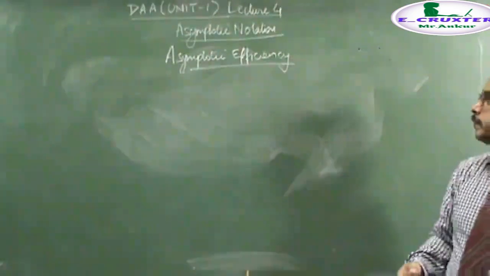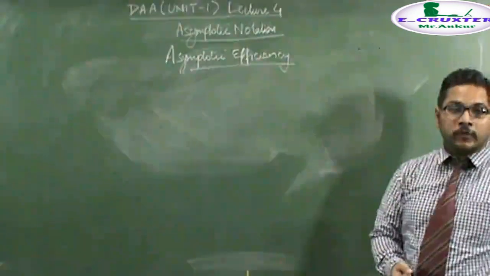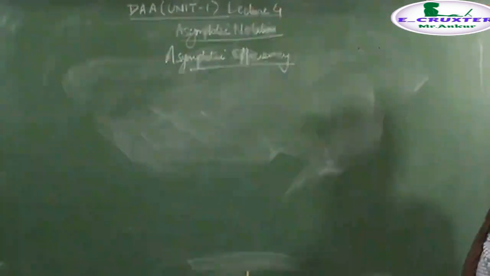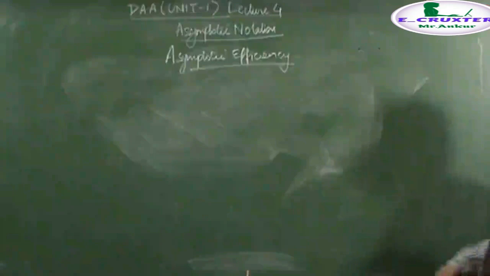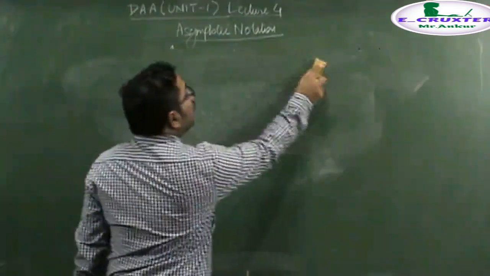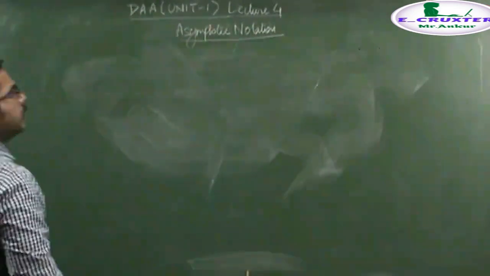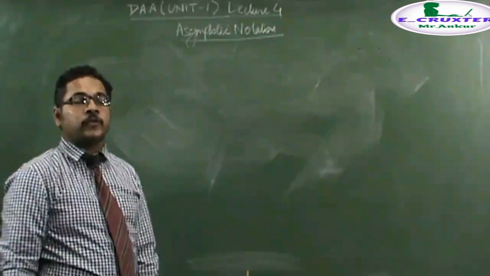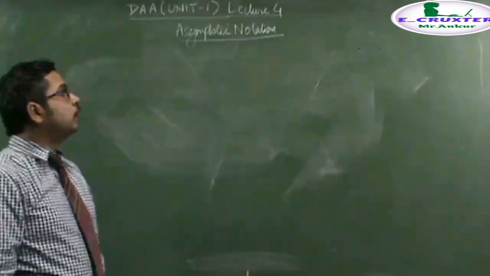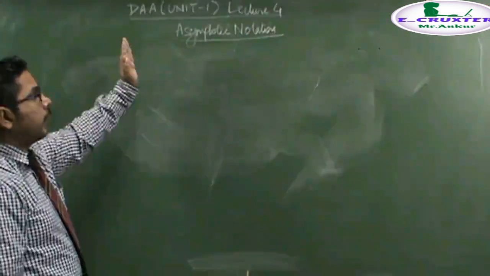Okay. Now coming to the topic of asymptotic notations, five types of notations have been designed which are used to understand the efficiency of an algorithm.